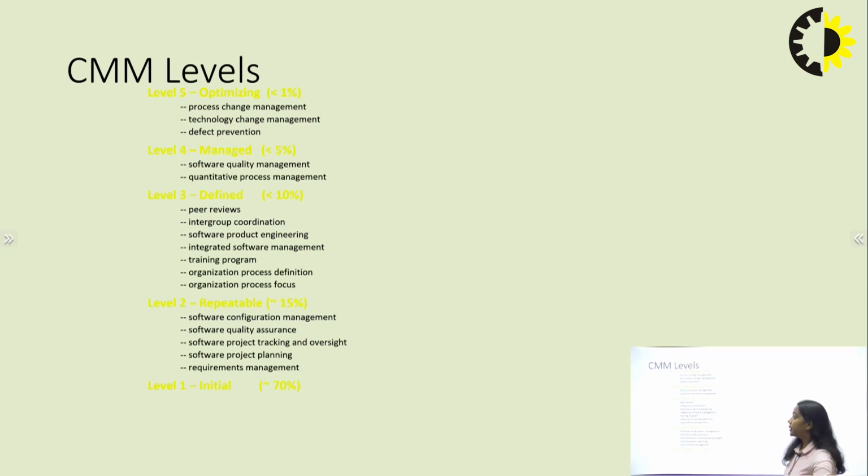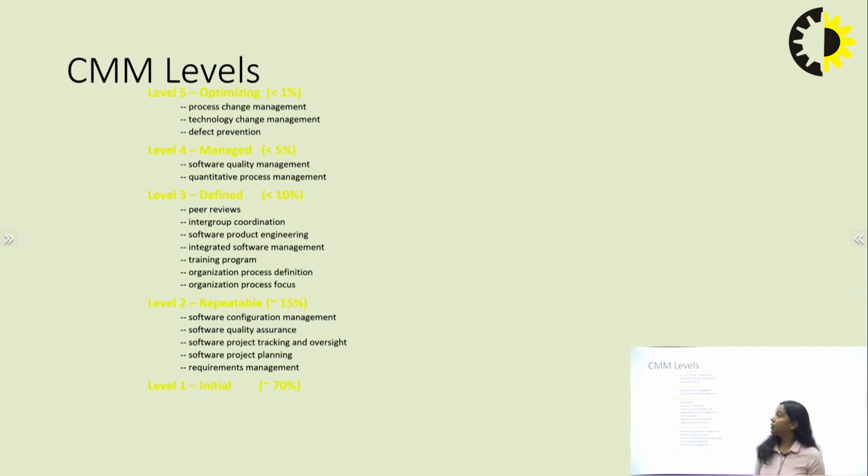The third level is the defined level, with less than 10% weightage in the complete maturity of the software. Here we have peer review, intergroup coordination, software management, and the training program, all checked in the third level, where we have the complete definition of the software and its maturity confirmation.